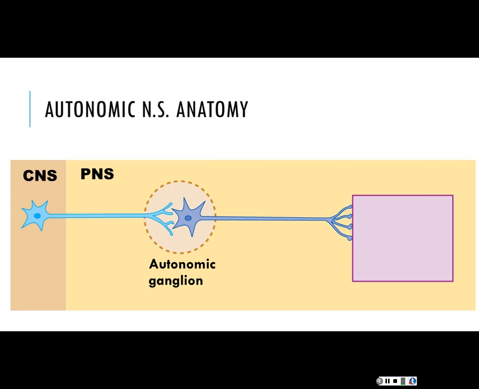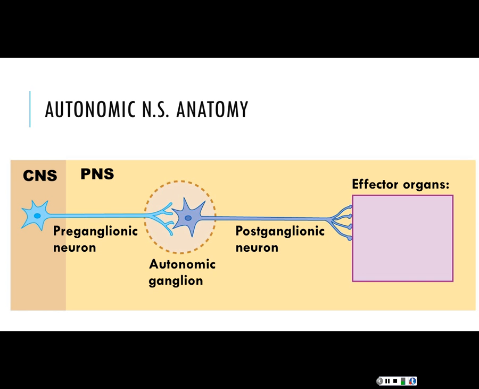There's a ganglion along the way. The first cell that extends out from the central nervous system is called the preganglion cell, and the purple one here is called the postganglion cell. So in the autonomic nervous system, it's not just one cell, but two nerve cells in a chain before we ever get to the effector.